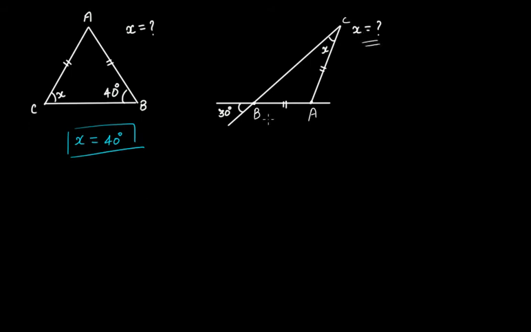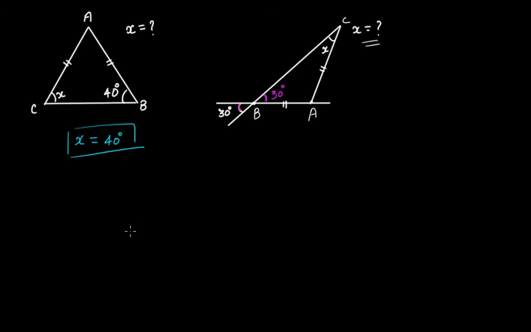Now if you focus on this line, this one and this one, these two are straight lines, and therefore this angle and this angle are vertically opposite angles. Since these are vertically opposite angles, this angle will also be 30 degrees.